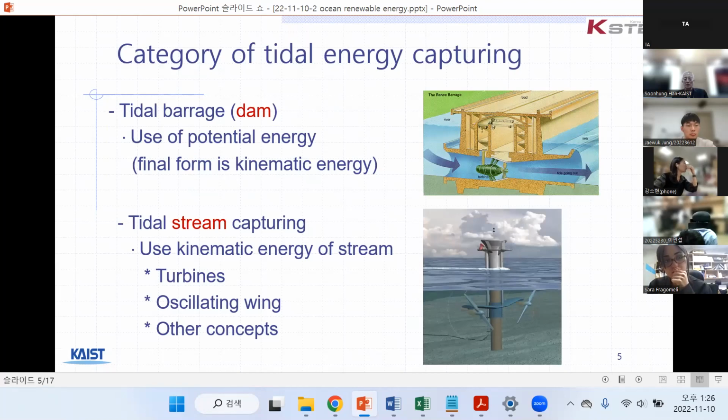And then there is another one, stream capturing. Picture at the bottom. So there's a stream of tidal movement that can rotate turbines or sometimes oscillating wings.